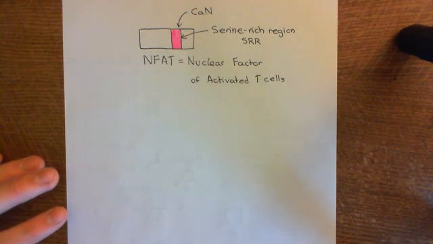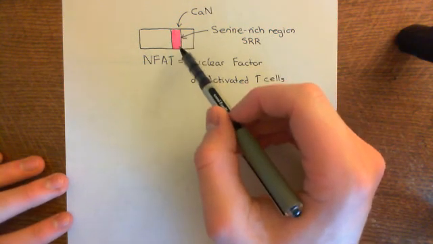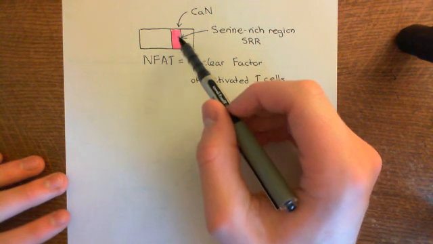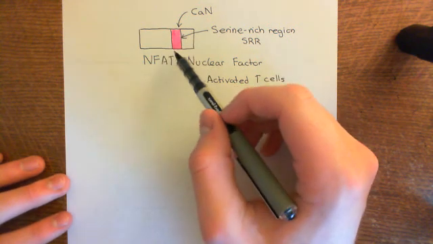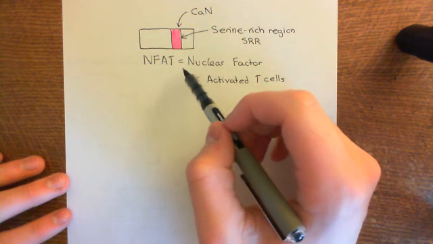Okay, now these phosphate groups on those serine residues within the serine-rich region, those were inhibiting the NFAT transcription factor. They were stopping it from being able to translocate into the nucleus.